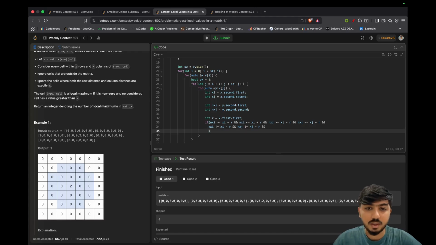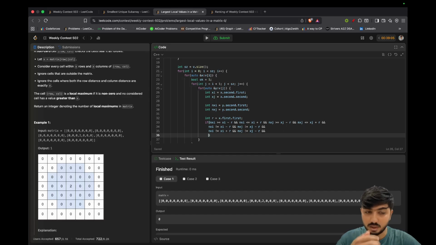First point. Second point is plus. So new xi is not equal to xi plus r, and new xj is not equal to xj minus r. Second point covered.